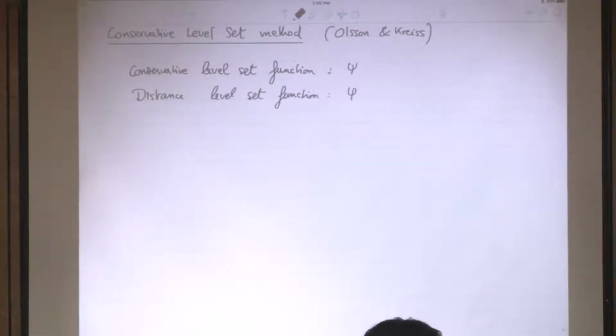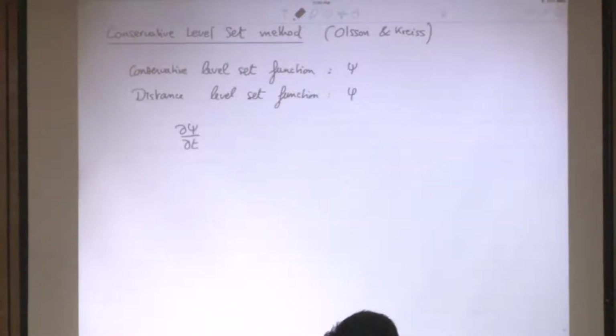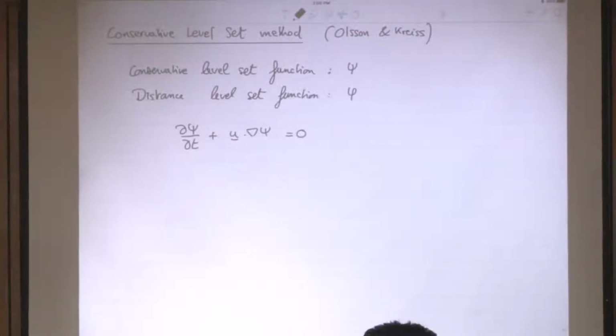For any level set that we're looking at, the correct equation for that function is going to be the following. If the flow is divergence free, we can recast that in conservative form.